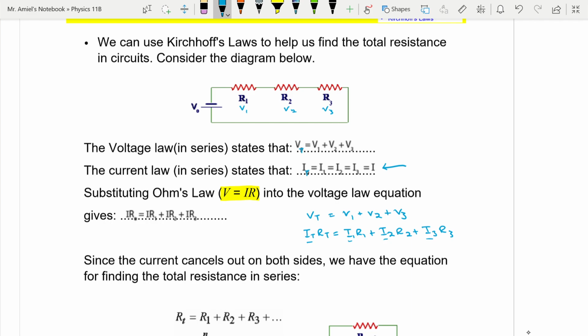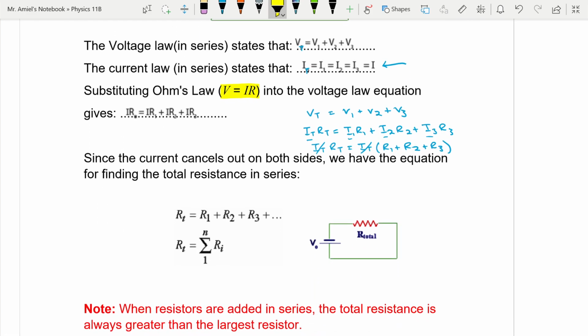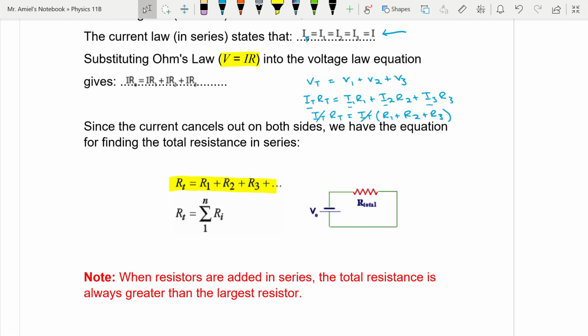These are all equal to IT, so we can call them all IT, and that leaves us with R1 plus R2 plus R3. We can cancel out our IT on each side, and it leaves us with this equation. So in the general case, our total resistance equals R1 plus R2 plus R3, and this is when we are in series.